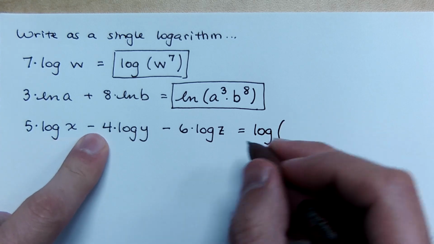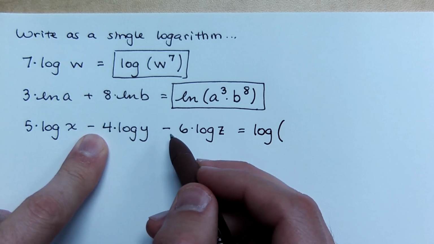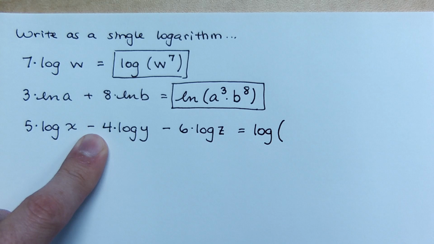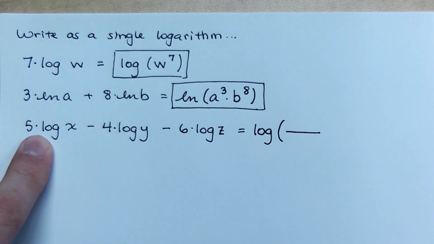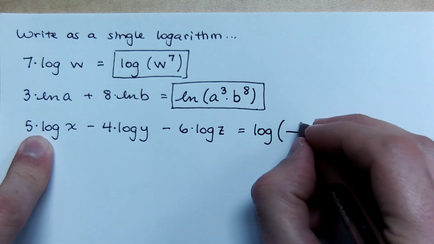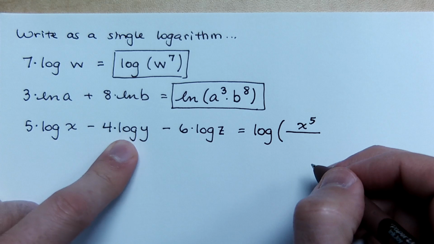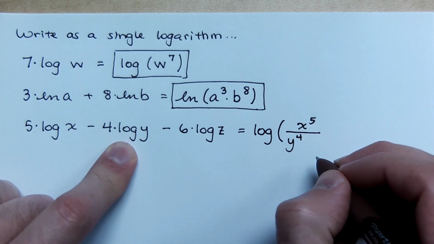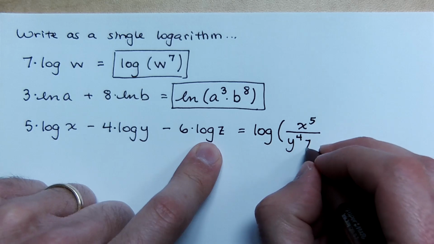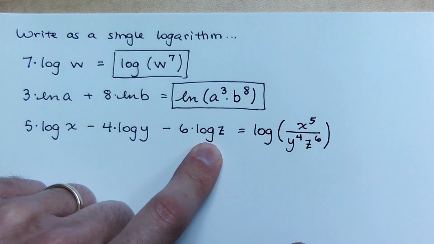X to the 5th, but I've got these negative ones here, right? The negative ones are going to indicate that I have the fraction. They're going to be in the denominator. In the numerator I have the only one with a positive coefficient, so it's x to the 5th power. And what about these? Y to the 4th in the denominator, and z to the 6th, which is also in the denominator.